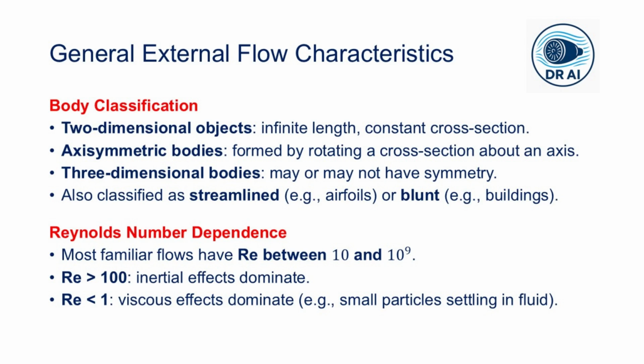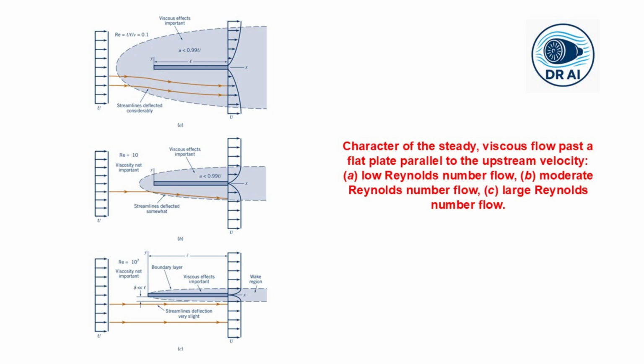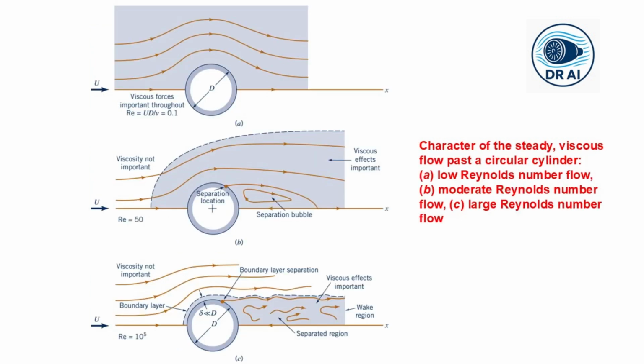Now, here is where we are headed in our next lecture. Notice in this particular figure, part C, at a very large Reynolds number, the flow organizes itself into distinct regions. The boundary layer, which is the thin region next to the surface, becomes the key to understanding everything.